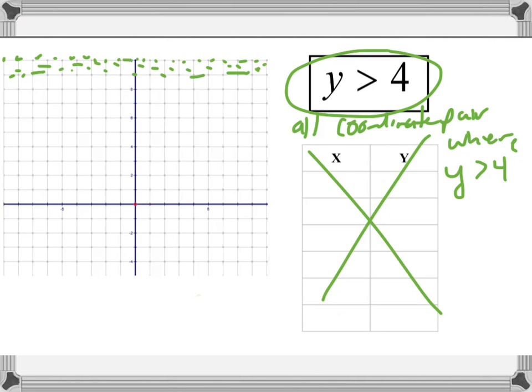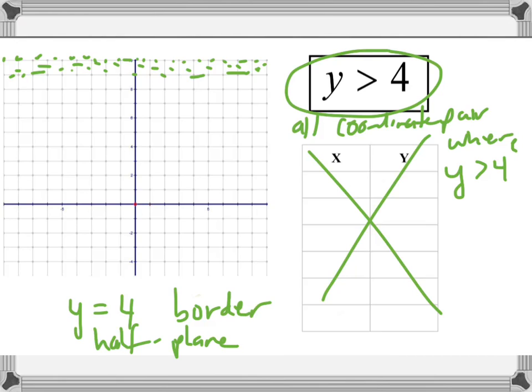So the border of this is the line y is equal to 4. It's going to split into half planes. Because y is not allowed to be equal to 4, I'm going to make a dashed line at the line y is equal to 4.